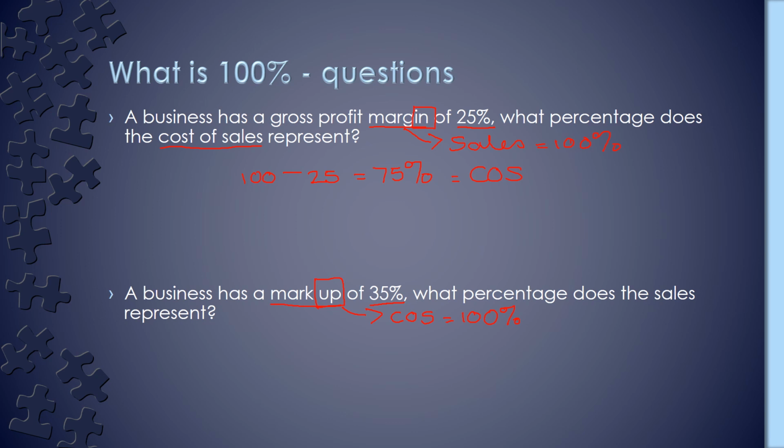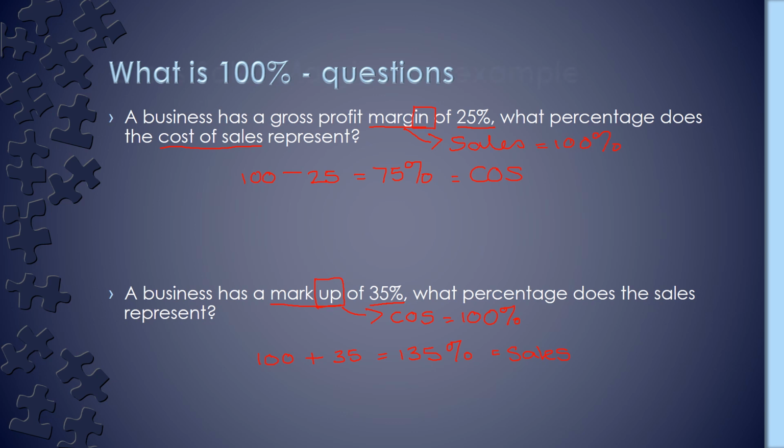So we need to add it on. We need to say 100%, we're marking it up, so we're plus 35% equals 135%, which will equal sales.